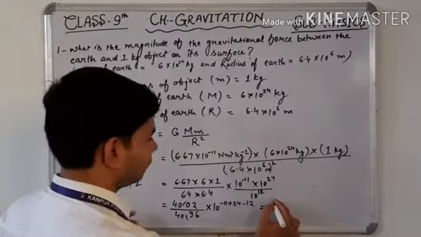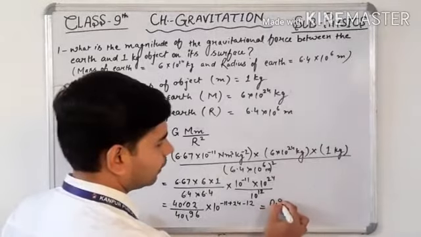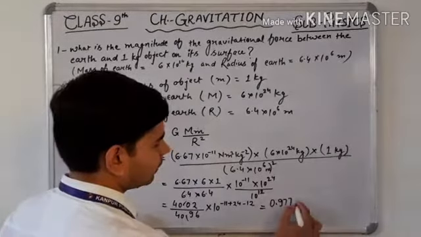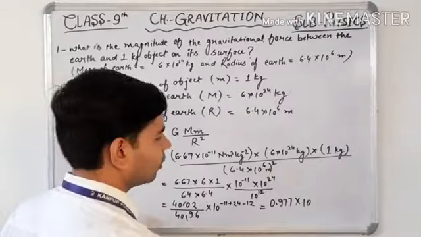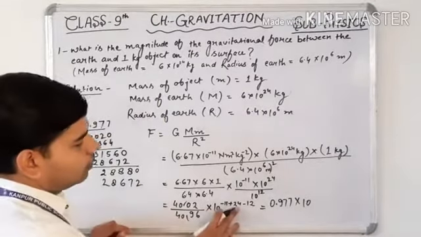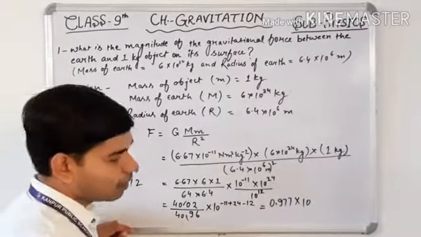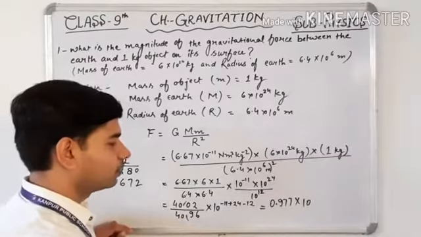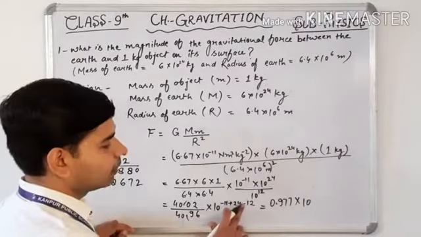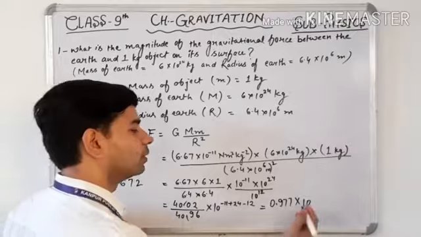This is equals to 0.977 into 10 to the power 24 minus 11, 13, plus the 13. 13 minus 12, 1.